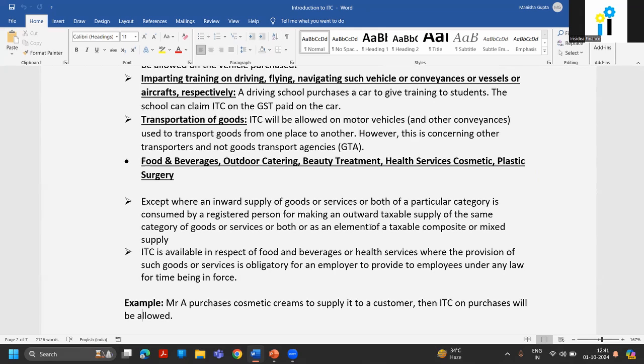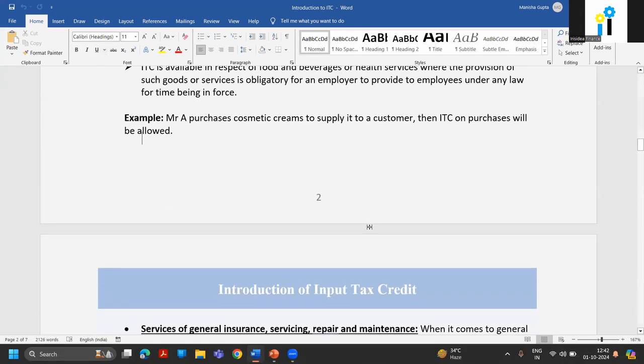Means it is other transport, not GTA. GTA, we can claim ITC in GTA, but the rules and conditions are different. I have already explained this in previous chapters, so you can go and check out those videos for GTA.